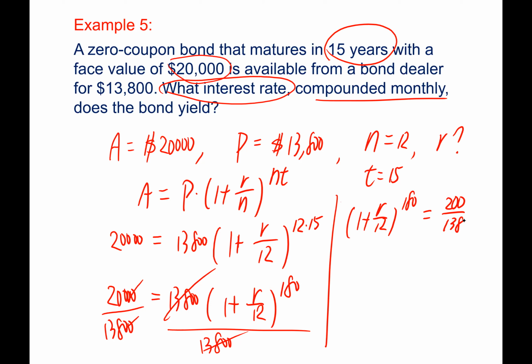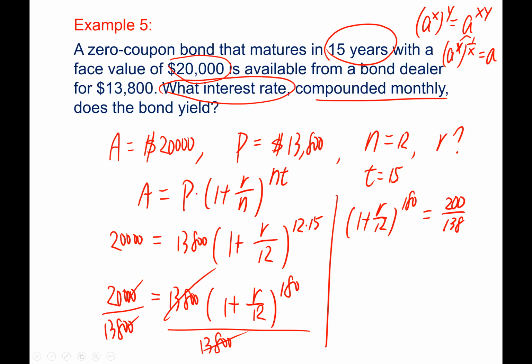Here we're going to use the property of A to the X raised to the reciprocal 1 over X power, that becomes A to the first, because the reciprocals cancel each other.